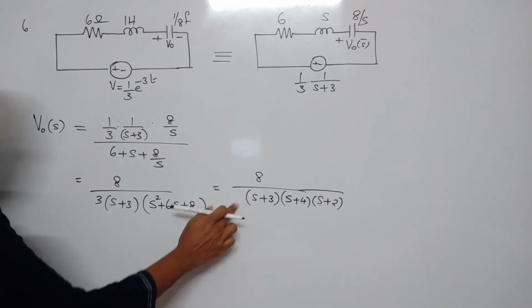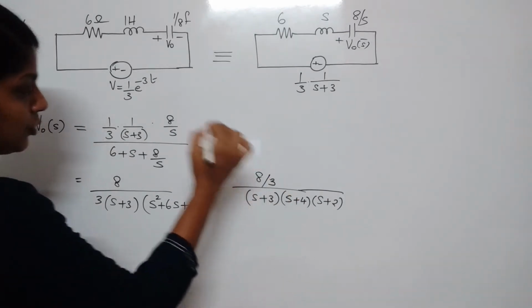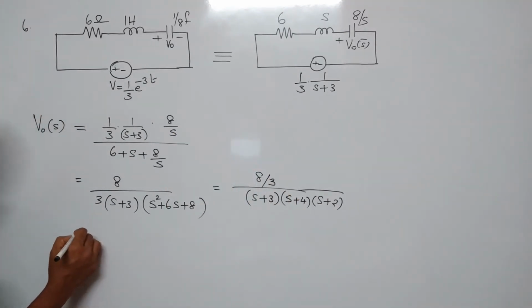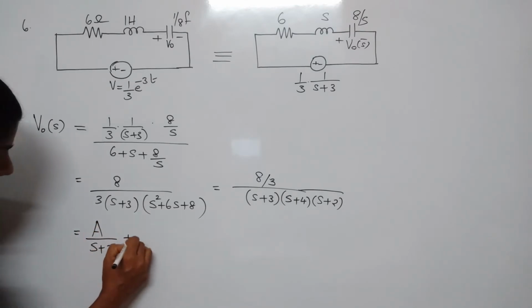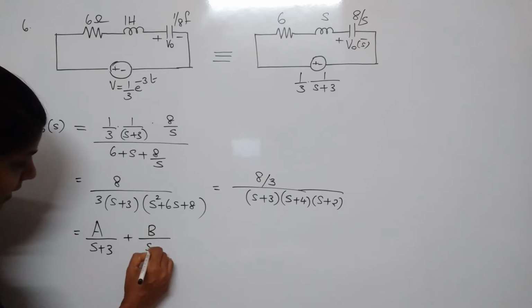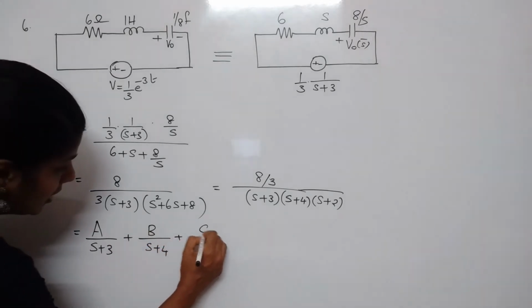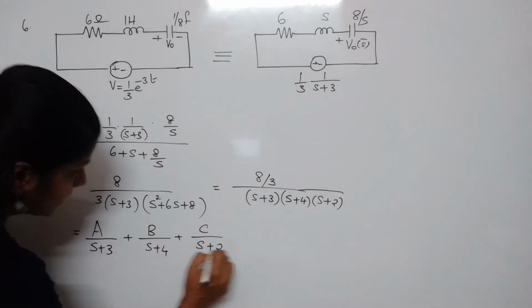Okay, we can write this with 8 by 3 in the numerator itself. So this can be written as A by S plus 3 plus B by S plus 4 plus C by S plus 2.